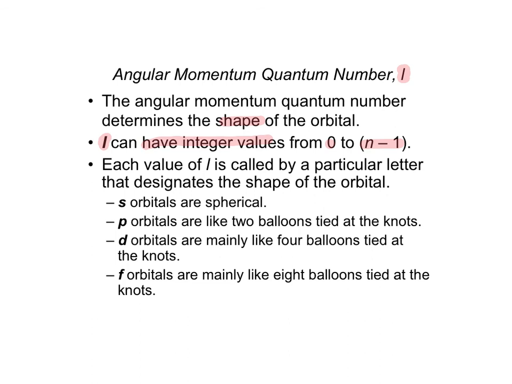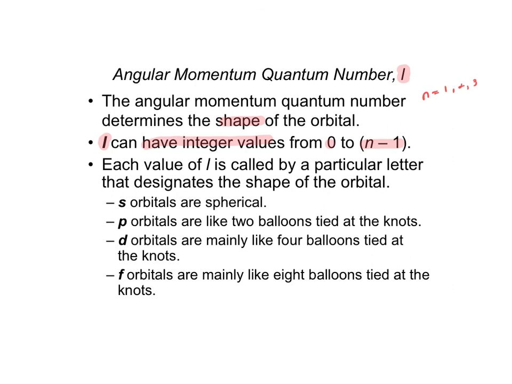Also, at the time people thought it would be confusing because we're using numbers 1, 2, 3 for n. If we were also using numbers for L, then when we talk about an orbital, we would call it the 1, 1 orbital or the 1, 2 orbital. People thought that would be confusing, and rightly so. Because of that, each number for L is represented by a letter.